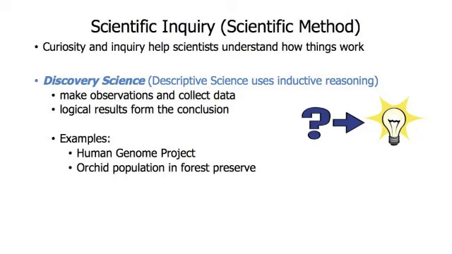In our quest to describe nature accurately, we discover its structure. In biology, discovery science enables us to describe life at its many levels, from the ecosystem down to cells and molecules. Darwin's careful description of diverse plants and animals he collected in South America is an example of discovery science. A more recent example is the sequencing of the human genome.